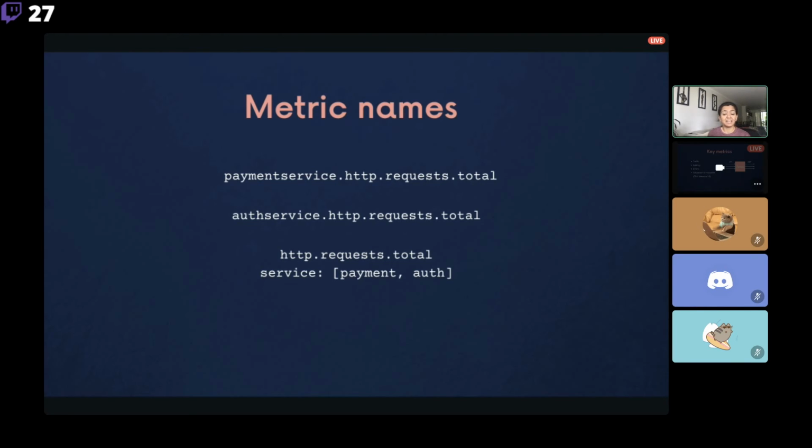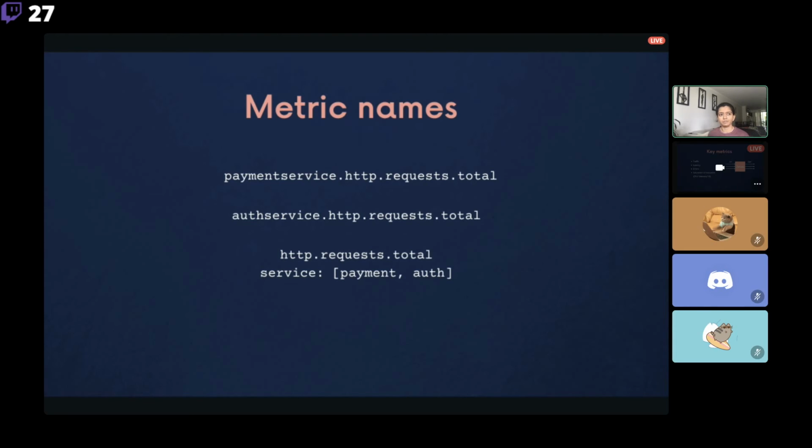What would be ideal is to have a standard metric name, which is HTTP requests total, and then tag them by the service. So we can have even one dashboard that covers the HTTP requests across all the services. This was also quite an important change to give the SRE team much better visibility of what's happening across the board.